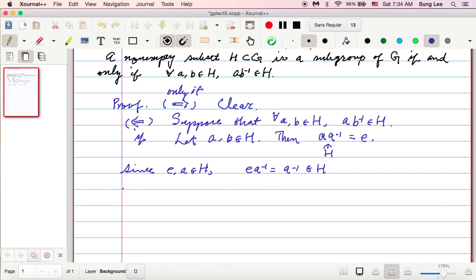So since A and B inverse belong to H, A times B inverse by assumption, which equals A times B, has to be also in H. So this completes the proof, right? This completes the proof.